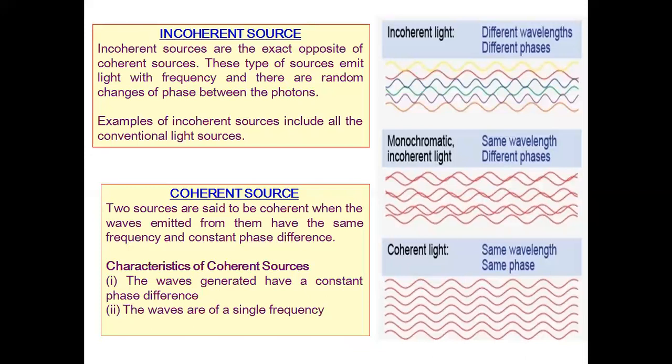That is, coherent wave generators have a constant phase difference, whereas incoherent sources have random phase change. That's why there is a basic difference between laser and ordinary light.